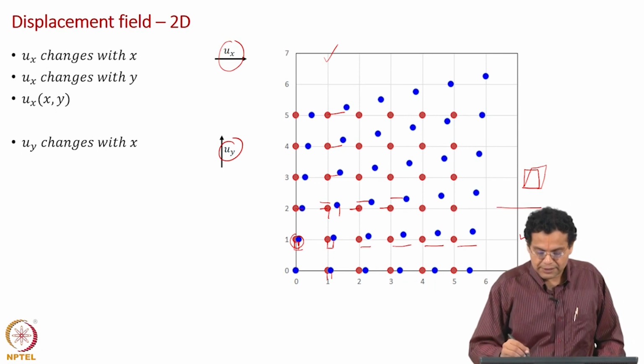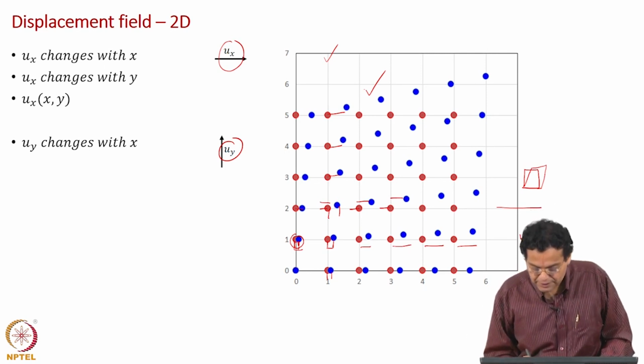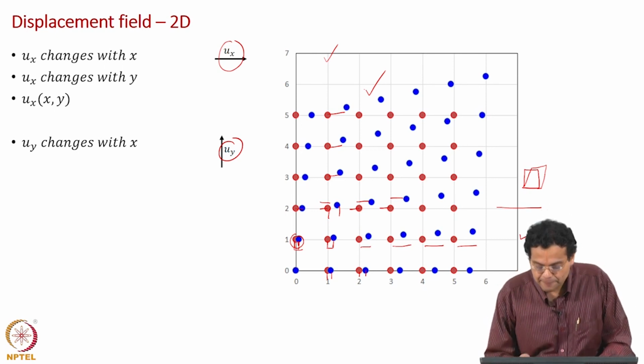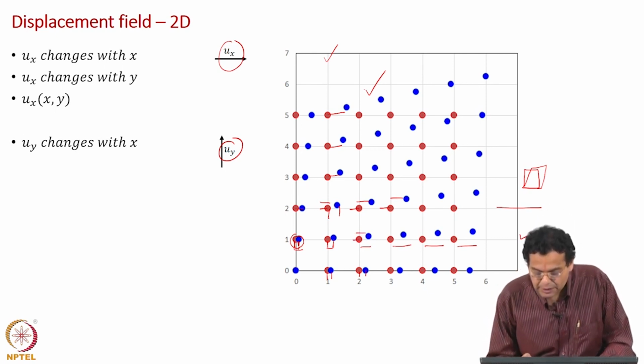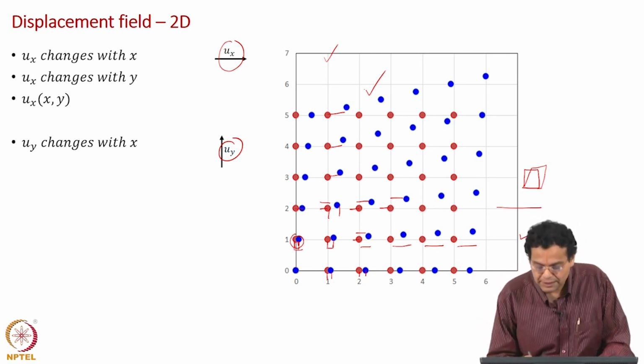Now, if you focus on particles around this region, then considering these two particles, there is no displacement in the y direction. If you consider these two, remember they are the same particles in the initial state and final state. So, if you consider the red and blue dots, there is y displacement.